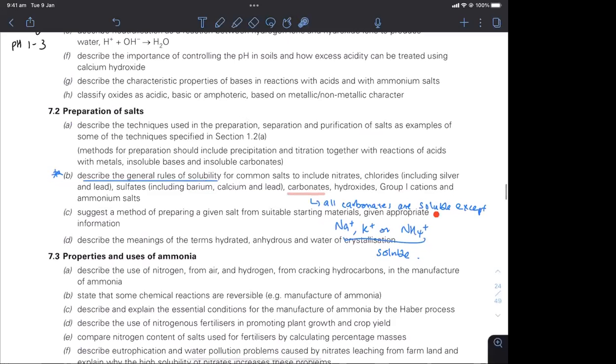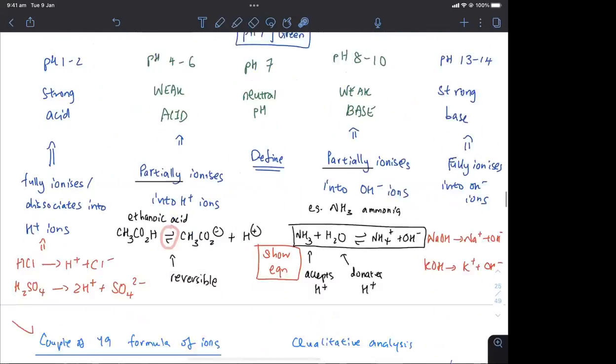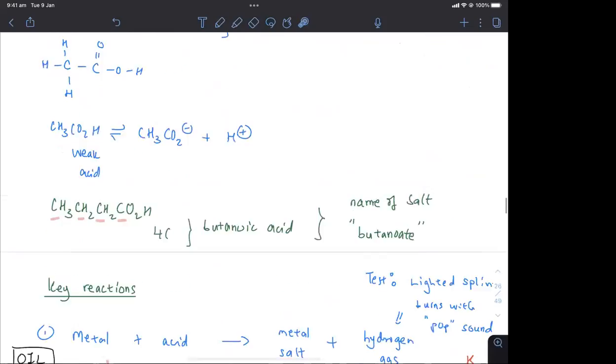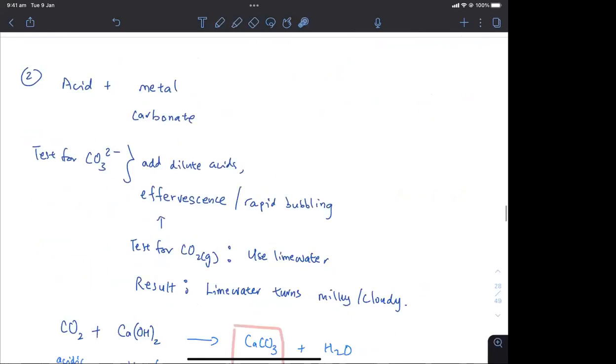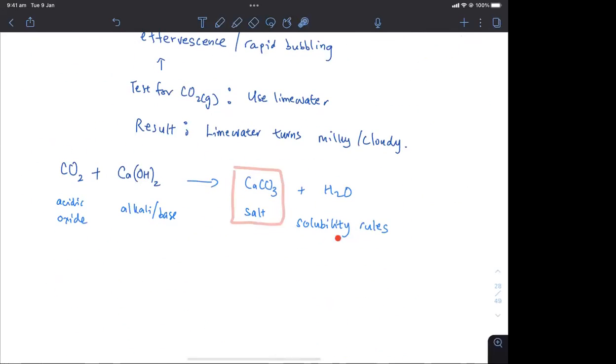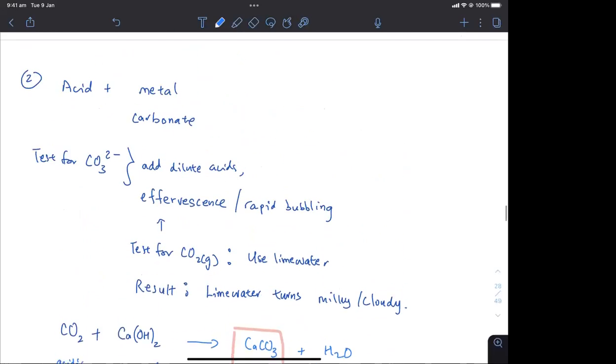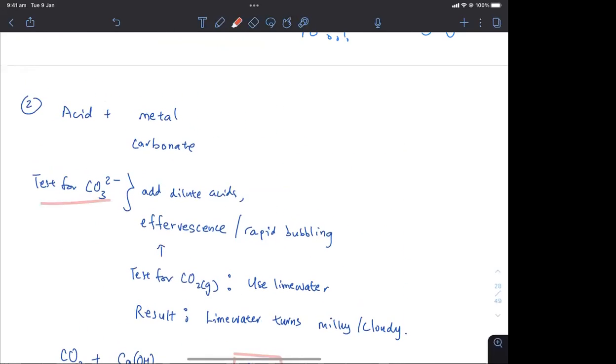So every other carbonate is insoluble. You are producing calcium carbonate as you test for carbonate ions. So obviously this is going to be an insoluble white precipitate, which is your cloudy precipitate there. Okay, hopefully that makes sense. By the way, the test for CO3 2 minus is stated in the syllabus there.